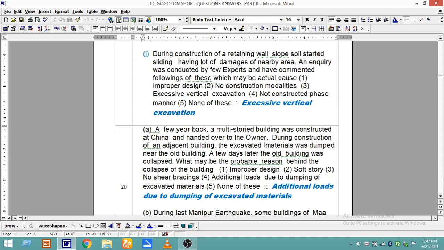But here it is a few years back, say 10-15 years already passed without any single crack, as in the question. So the reason is additional load due to dumping of excavated materials, because that portion is heavily loaded. So the applied load increased on one side, so the building collapsed.